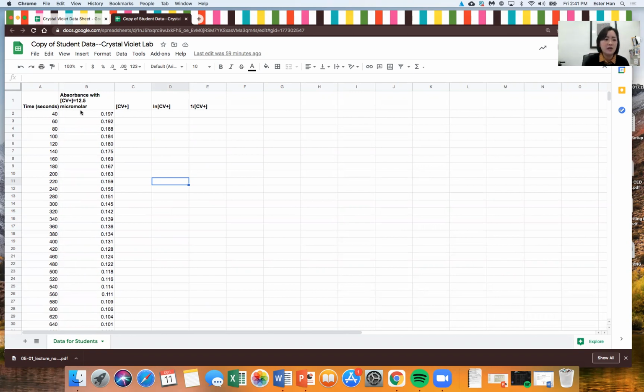In the first set, we're looking at the crystal violet solution at 12.5 micromolar, so 12.5 times 10 to the negative 6 molarity. That was reacted with a 0.02 concentration of sodium hydroxide, and I used 10 mils of each.